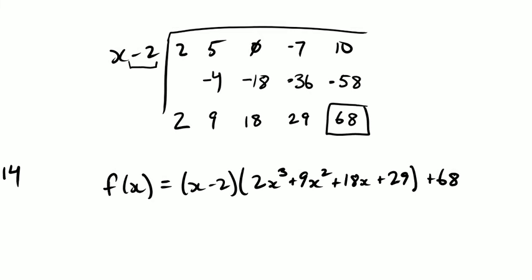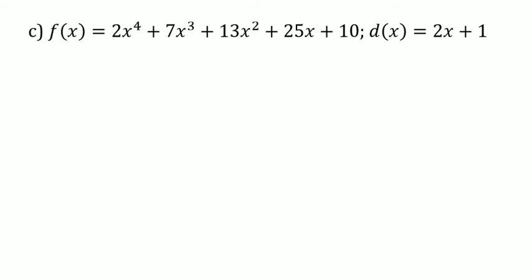Hopefully you got this. So this one's cubic, because it started as a degree 4, a quartic, so now it's cubic, times a linear will give me back that degree 4. My remainder was 68. I had every term. Just because I had a ghost term up here doesn't mean I have one down here for sure. In fact, I probably don't.